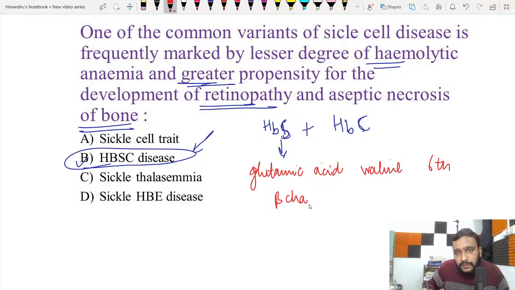I have told you this because it was a simple fact. Now you will tell me what is the replacement seen in HbC. You will tell me in the comments.